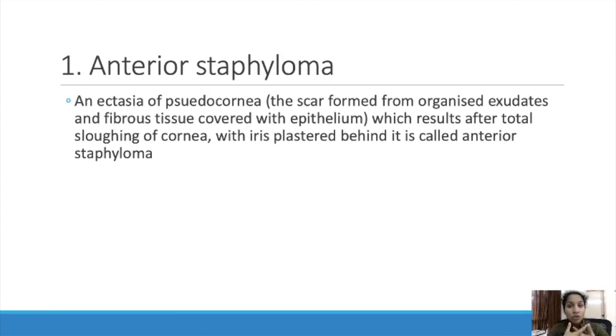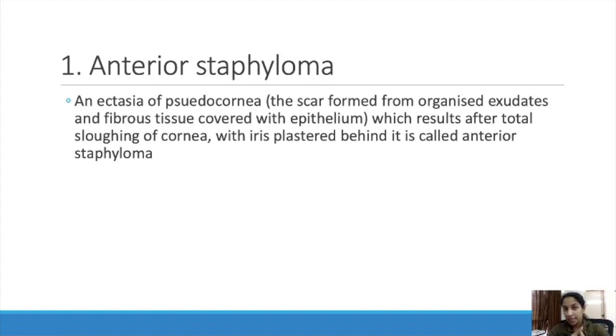So, an ectasia of pseudocornea. You know the pathogenesis we learned in the last class in corneal ulcer. Pseudocornea is the scar formed from the exudates and fibrous tissue covered with corneal or conjunctival epithelium, which results after total sloughing of the cornea with the iris plastered behind.